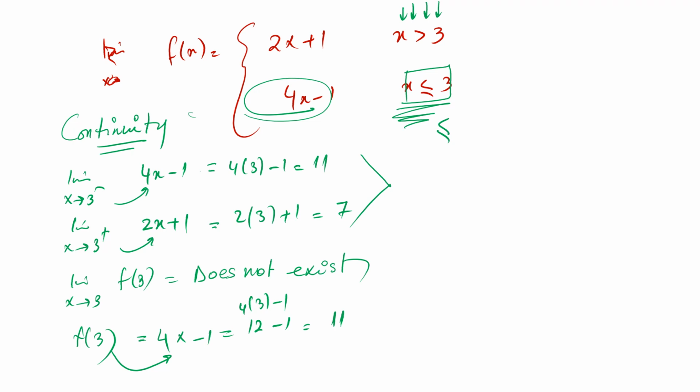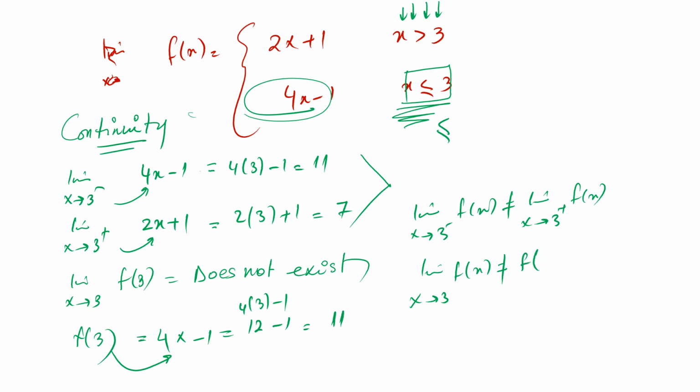So here you can see that the limit as x approaches 3 from the left side is not equal to the limit as x approaches 3 from the right side. Furthermore, the limit as x approaches 3 from both sides is not equal to the function itself at 3, which means my function is not continuous.